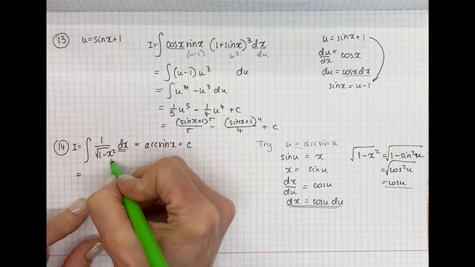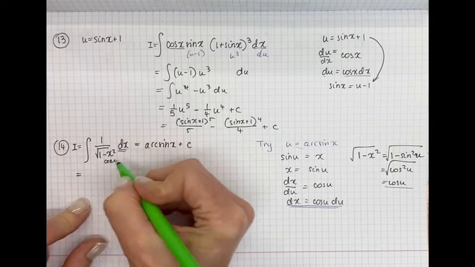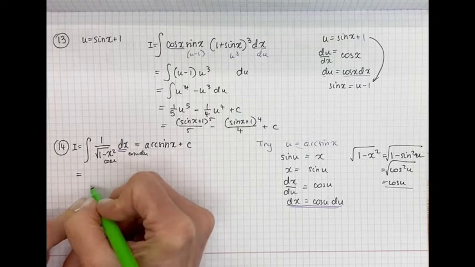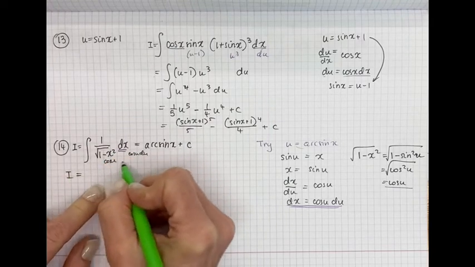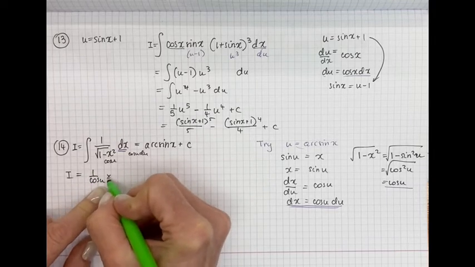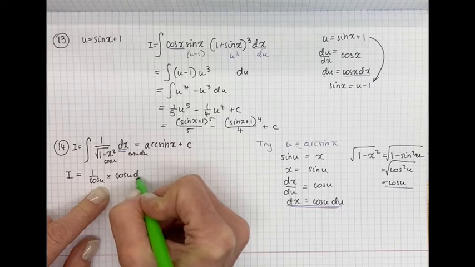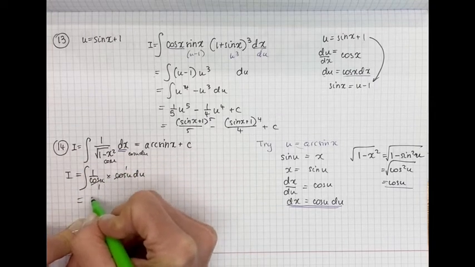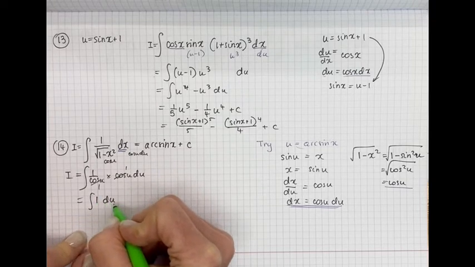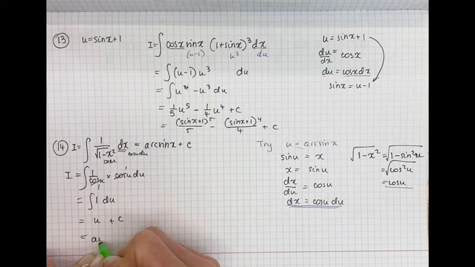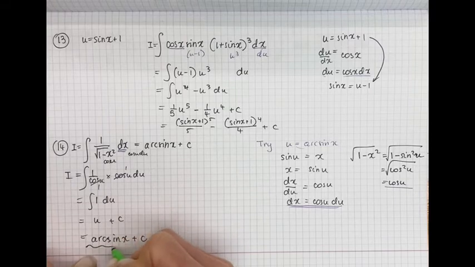And dx was cos u du. So I can just rewrite my integral. This is going to be 1 over cos u, times cos u du. The cos terms nicely cancel and you are integrating 1, which is u, which is arc sine x. Job done.